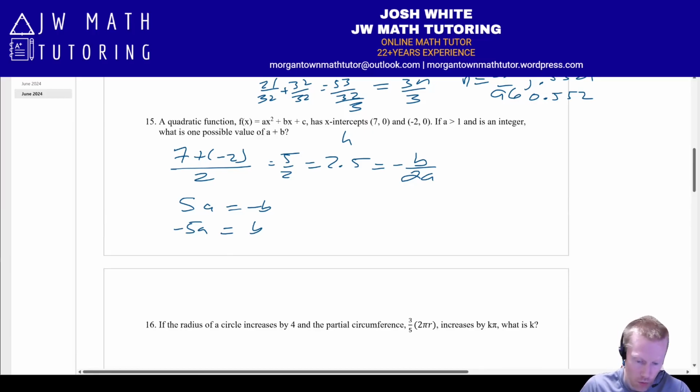All right, so why is that helpful? Because if I now take the expression a plus b, and I replace b with -5a, that just simplifies to -4a.